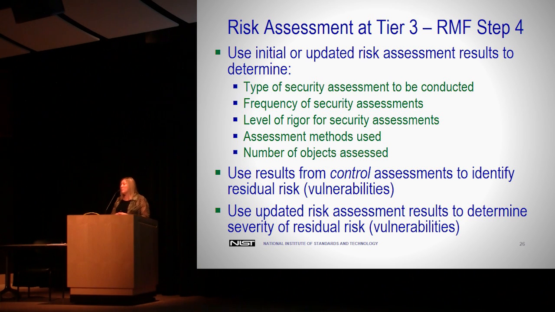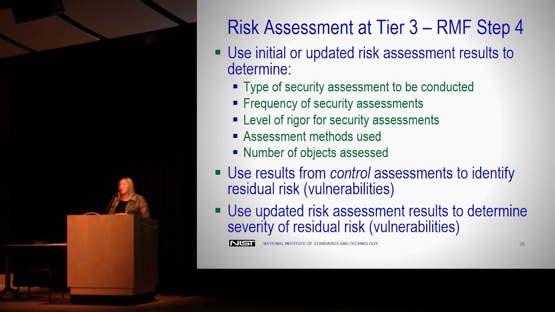How frequently you might want to do assessments is something that comes with continuous monitoring as well, when we're not just doing a static every 3-year process. We're deciding how often we want to look at our controls and assess them for effectiveness, and your risk assessment can help you determine how often you really need to look at this particular control or that particular control to see how effective it is.